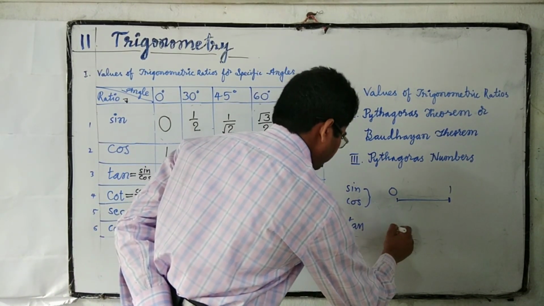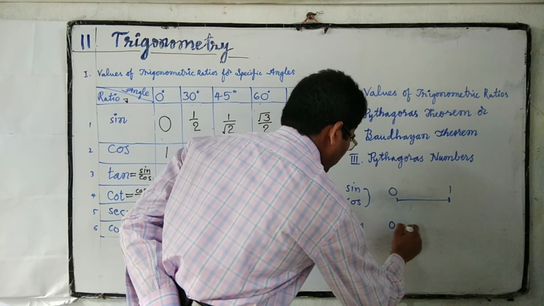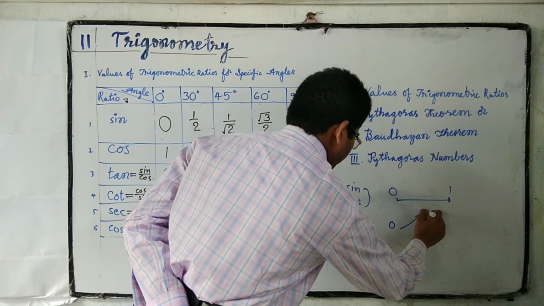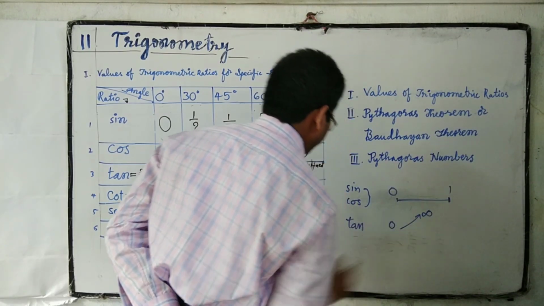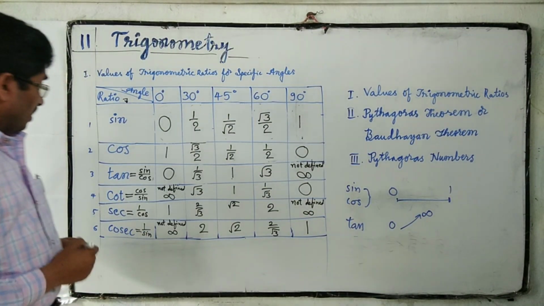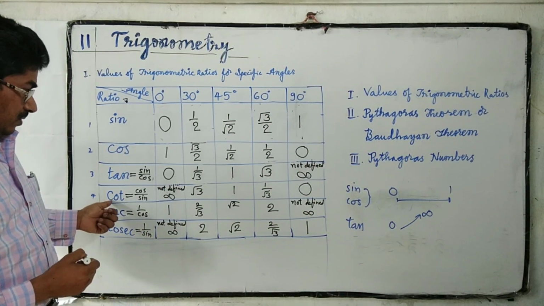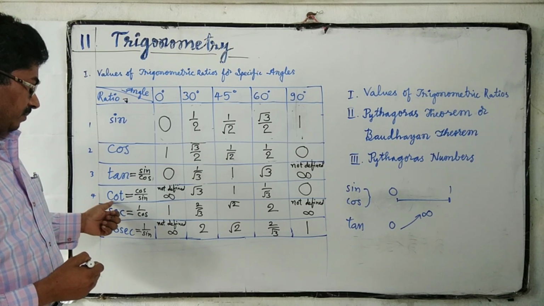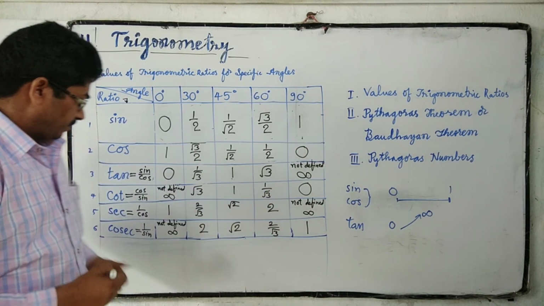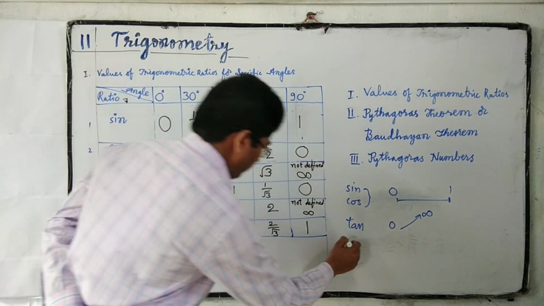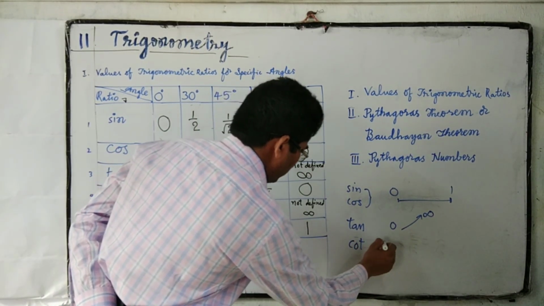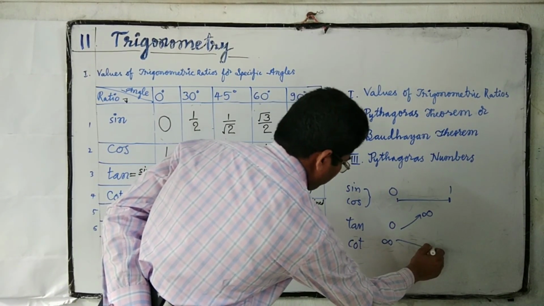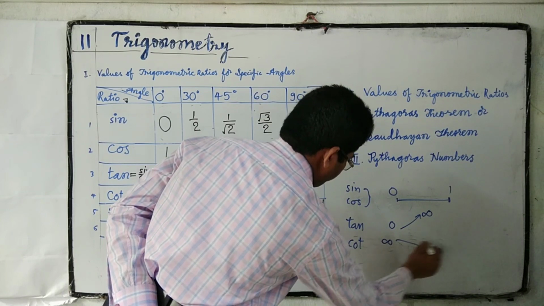In case of cot, the values decrease from infinity to 0.